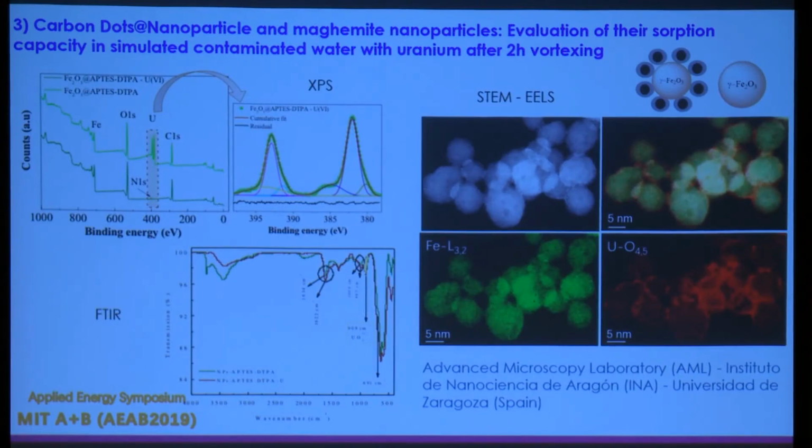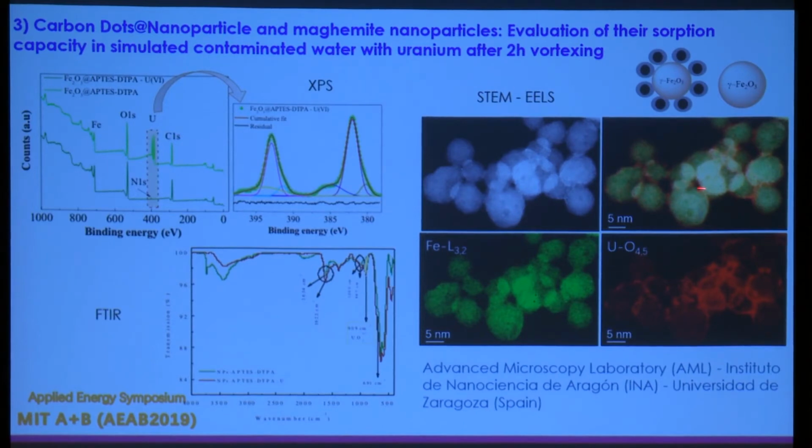In order to analyze deeply what kind of interaction takes place at the interface, we follow by means of different techniques the presence of uranium after the sorption, for example by X-ray techniques, by infrared, but also by some spectroscopic techniques.